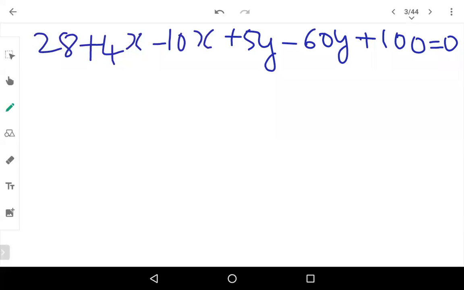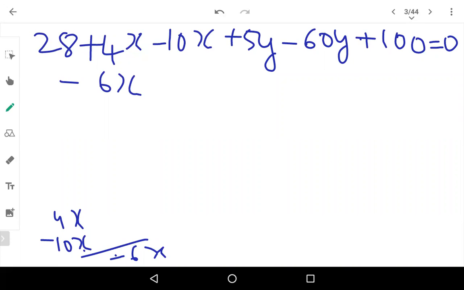Now let us simplify. You have 4x minus 10x, so you will get minus 6x. So x is done. Now let us go for y.